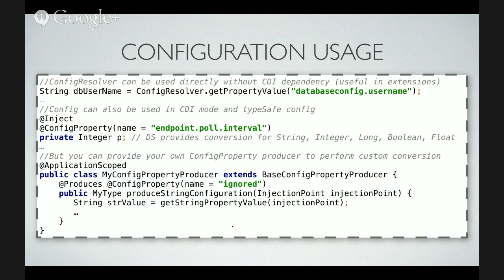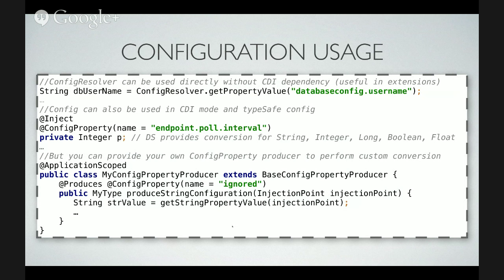You can also inject your configuration property, like it is shown in the second example. Using the @Inject annotation and the @ConfigProperty qualifier, you give the key of your value, and you can inject that.